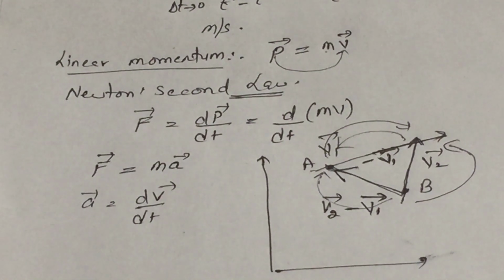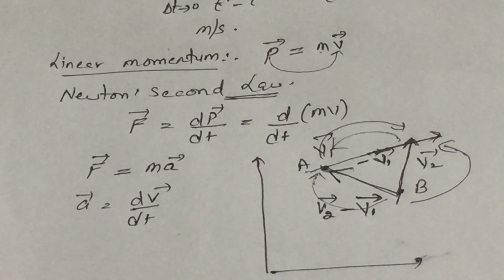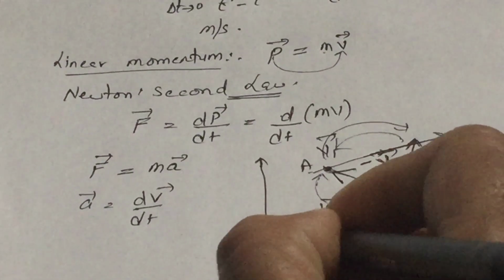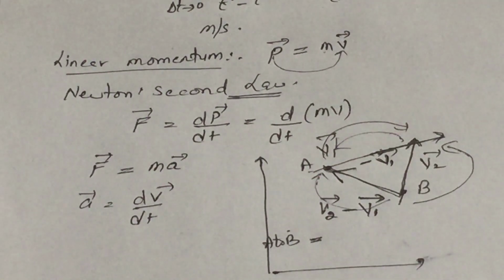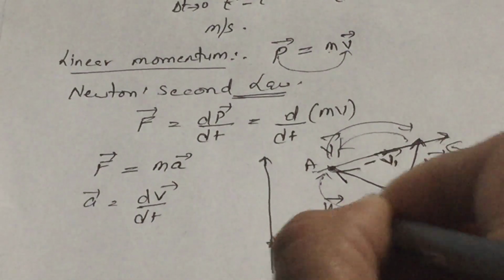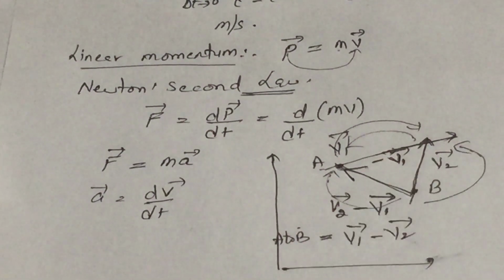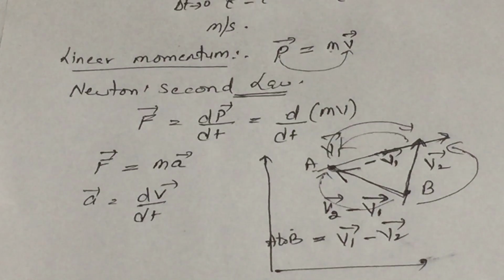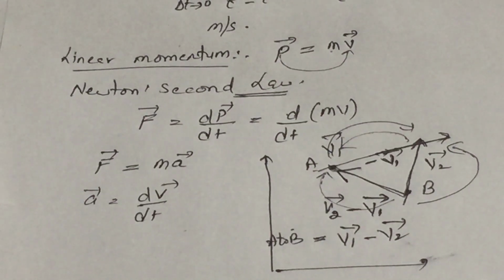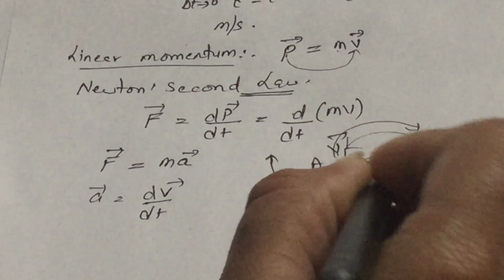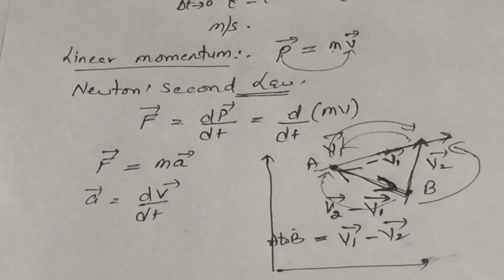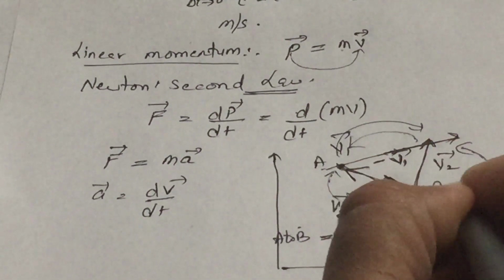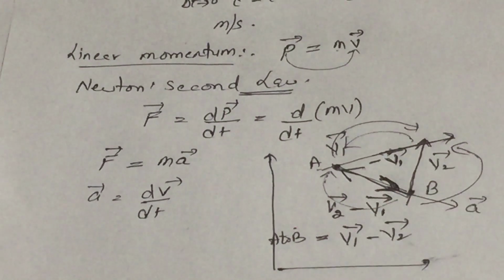If the body is moving from A to B, then this result from A to B will become v1 minus v2, and the direction of v1 minus v2 is from A to B. This is the direction of change in the velocity, and this is the direction of our acceleration.